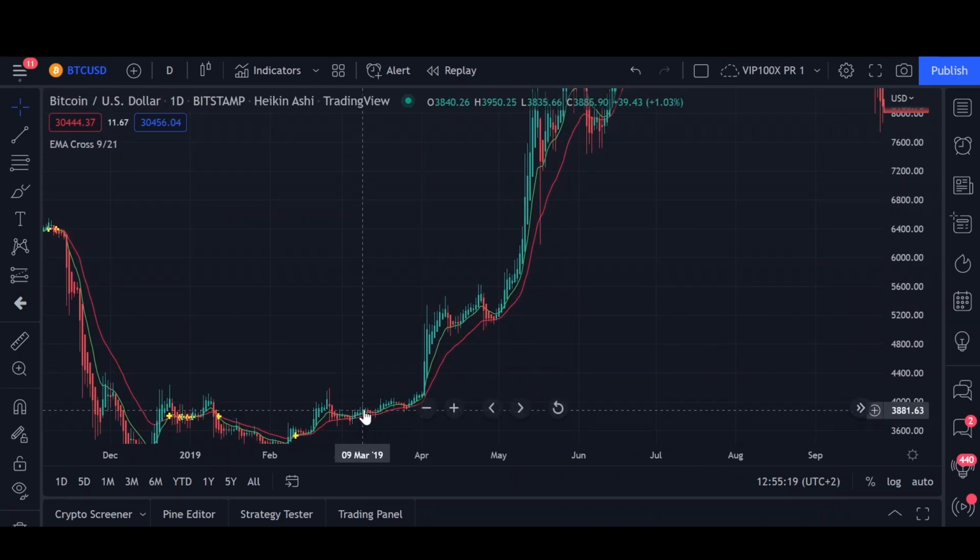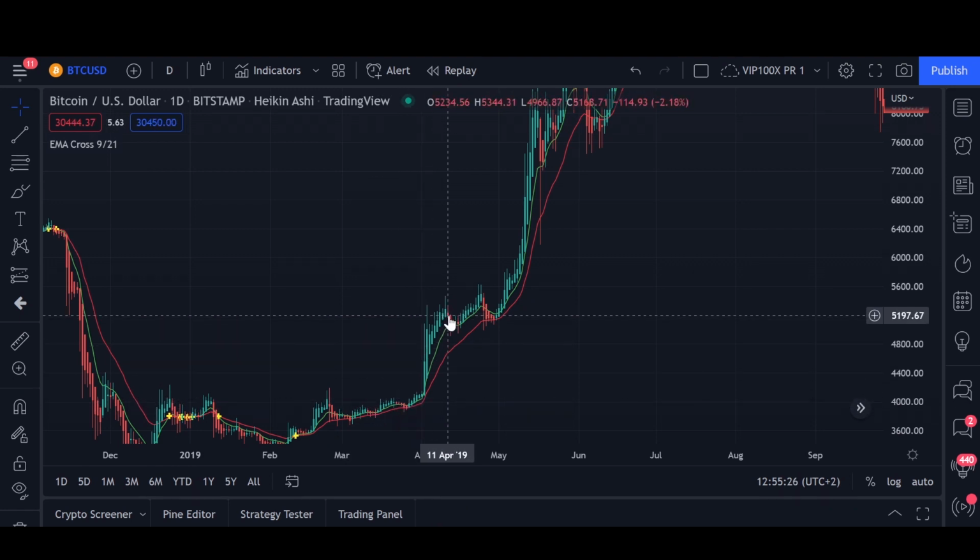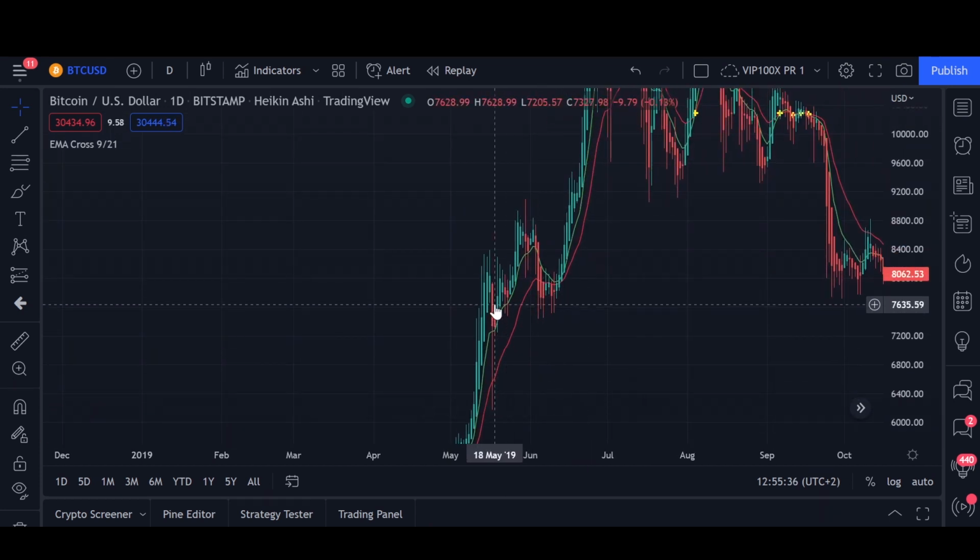You enter here and exit here. Enter here and exit here. And I say exit, not open a short. You will open a short when the next cross appears, but until then, you only entry and exit longs. Simple as that. You see it here also on the way up.